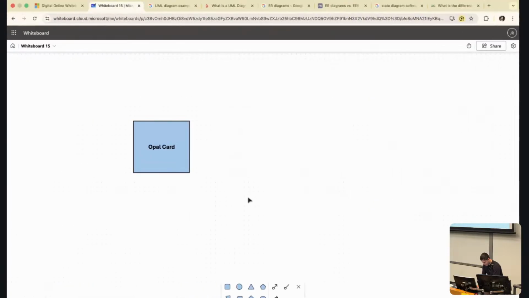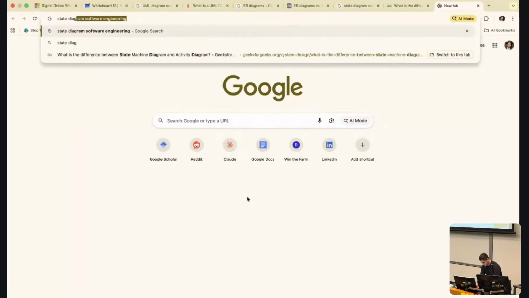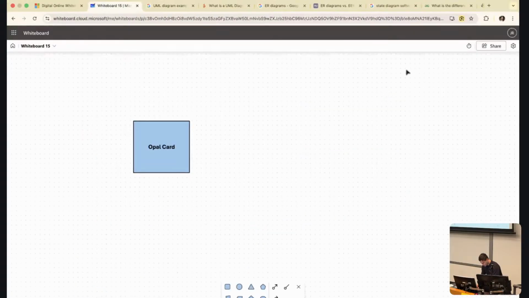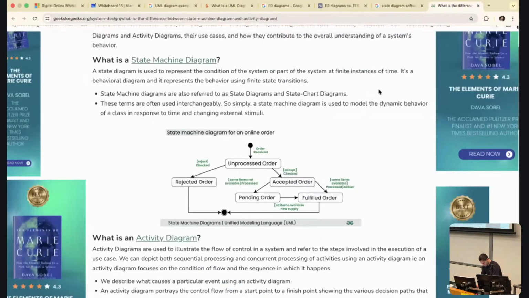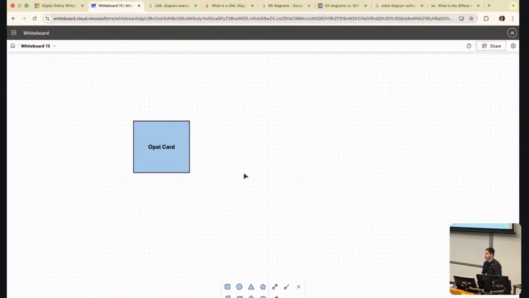And let's do a state diagram. I'll just get another example up. Oh, there's probably one here. Let's just do something like this. So let's do a state diagram for topping up the Opal card.